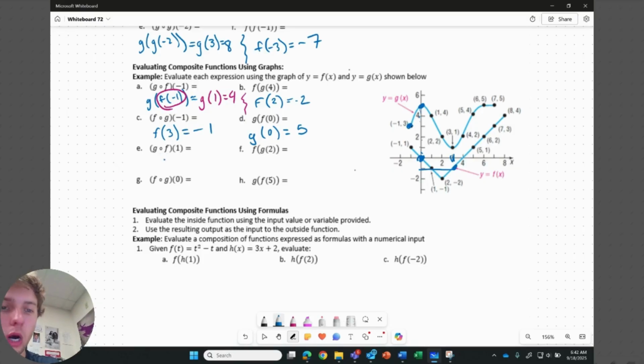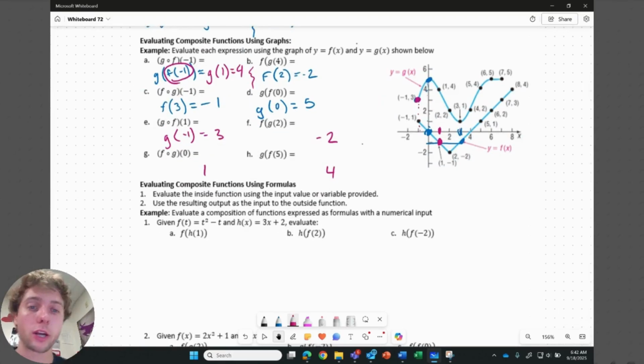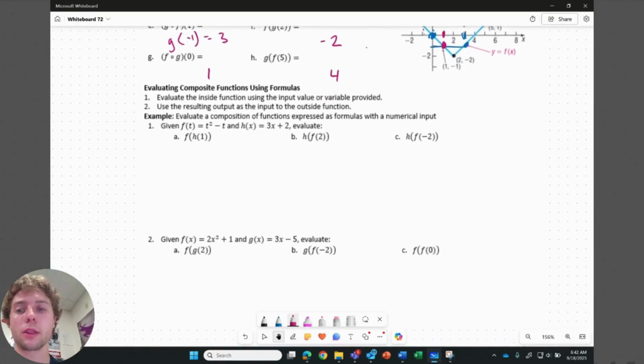F of 1, go to an x value of 1, find it on the f function. That looks like a value of -1. Go to -1, find it on the g function, and you get 3, and so forth. My other answers then are -2, +1, and 4. Double check those. If you have questions, try and help each other out on those.